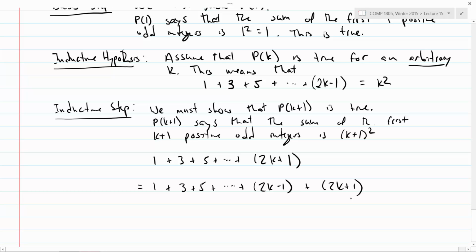So now that I have this, I look and I say, this thing here, I know something about that. My inductive hypothesis said that it was exactly equal to k squared. So this thing here is exactly equal to k squared, and that's by the inductive hypothesis, which usually gets abbreviated IH.